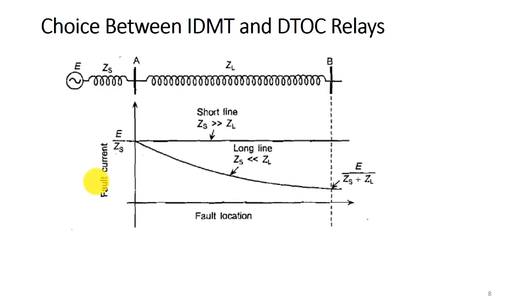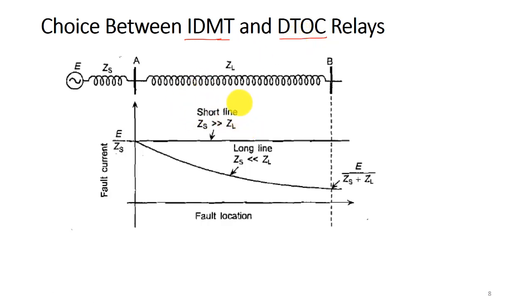This is a single-ended feeder, supplied at one end with a source impedance ZS and line impedance ZL. Now, how do we choose which kind of relay, whether IDMT or DTOC? Obviously IDMT is costlier than DTOC, so accordingly we should choose in order to reduce the cost.